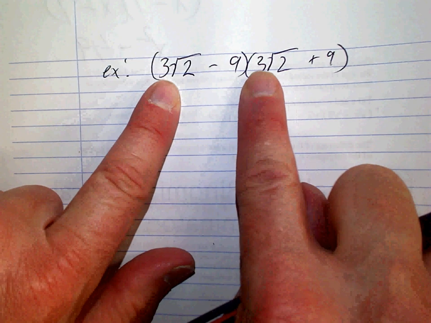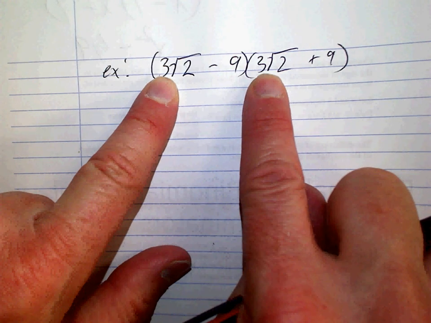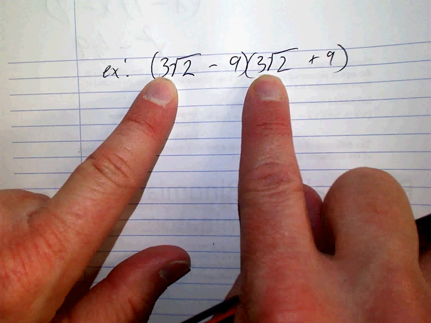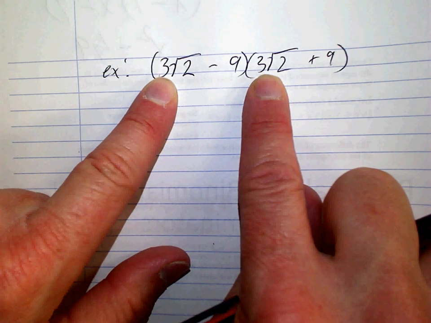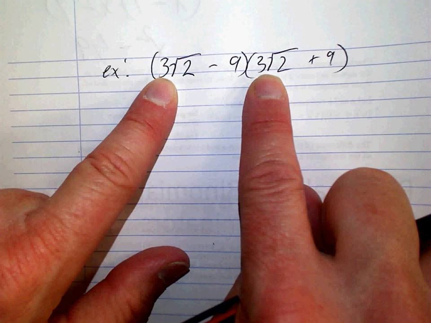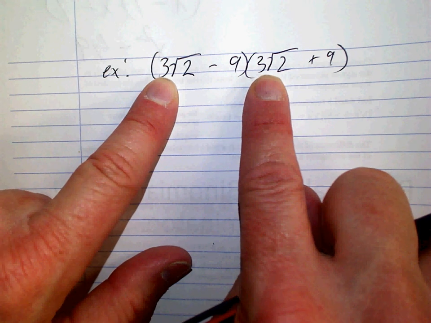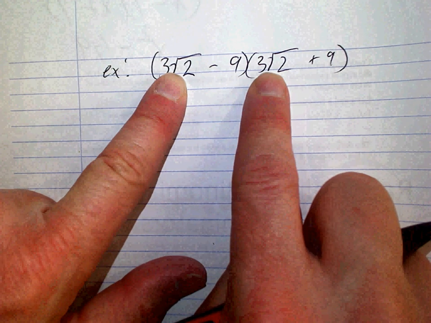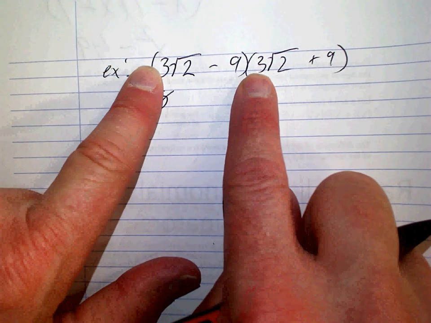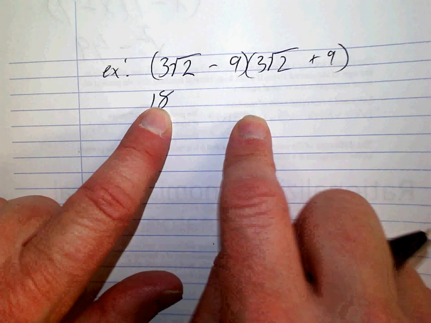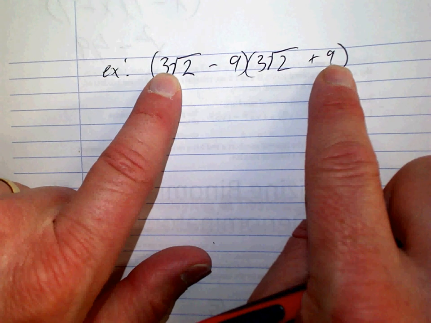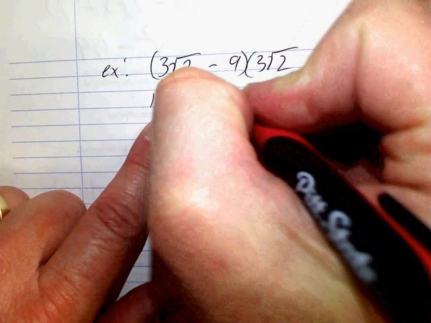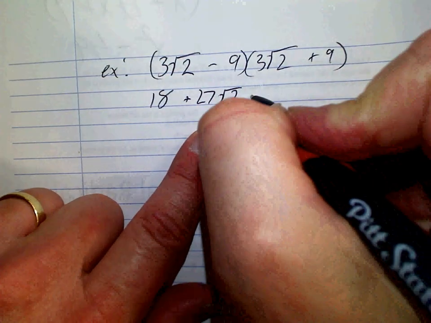What's 3 roots of 2 times 3 roots of 2? 9 roots of 4 is right, which is what? 18. This square root of 2 times square root of 2 will be 2 times 9, 18. All right, what about the outer? Plus 27 square roots of 2. What's the inner? Negative 27 square roots of 2.